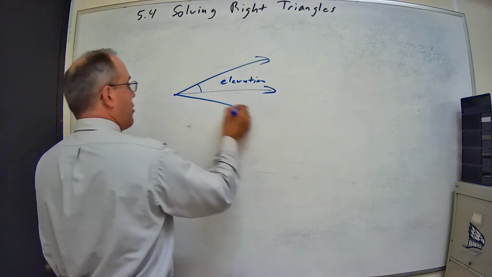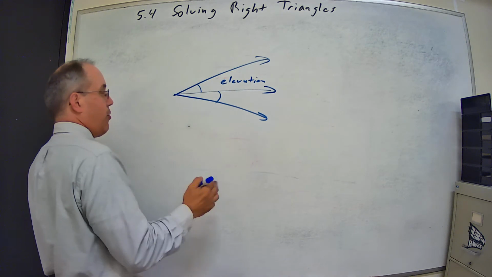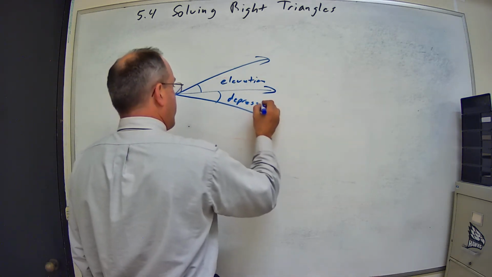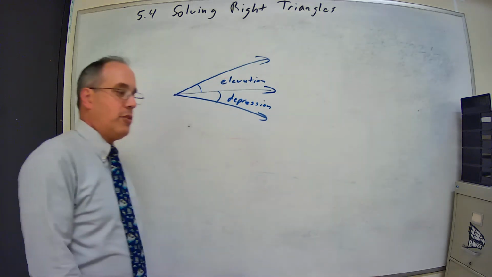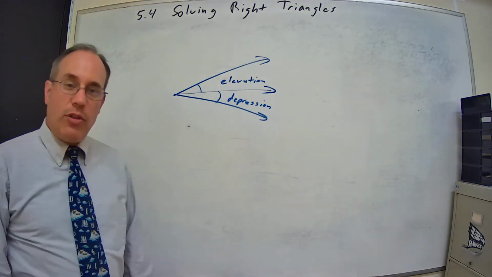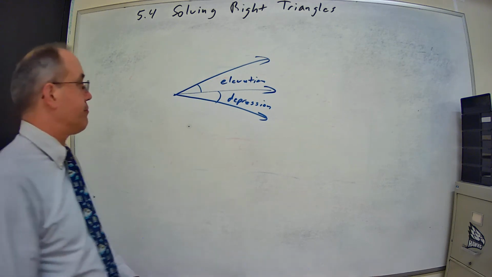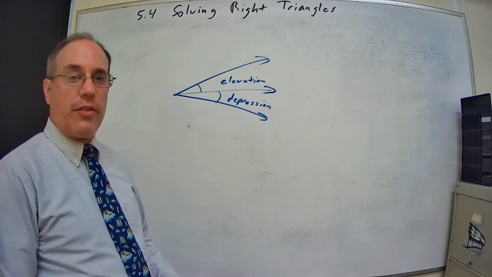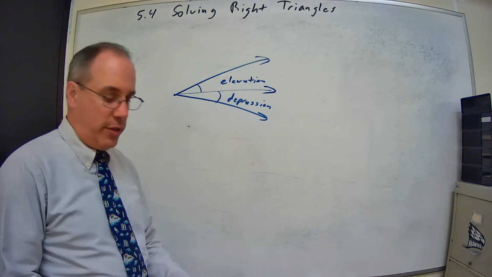If we have an angle that goes down from that horizontal, that's an angle of depression. So angle of elevation, angle of depression, going down. And this gets used quite often when you're dealing with different real-world examples.